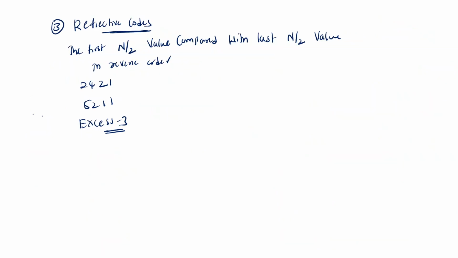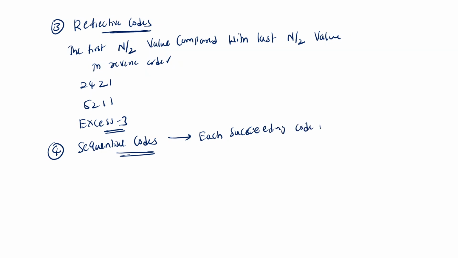Okay, and next you have sequential codes. Sequential codes are nothing but each succeeding code is one greater than the preceding code.